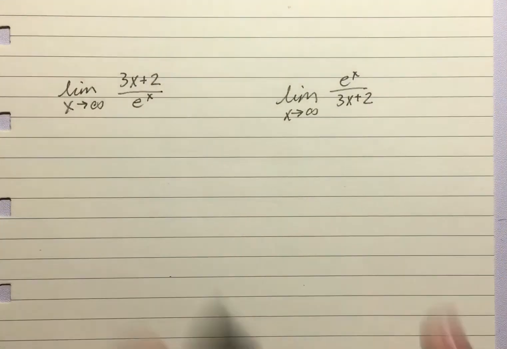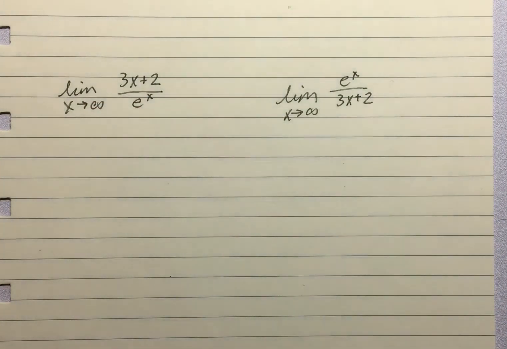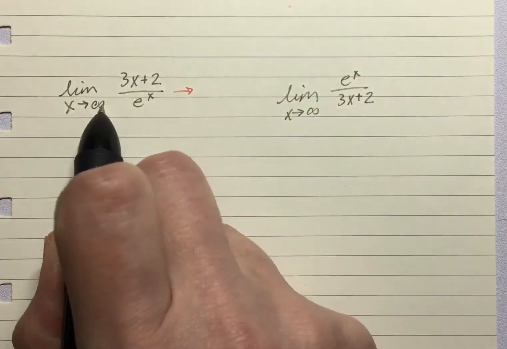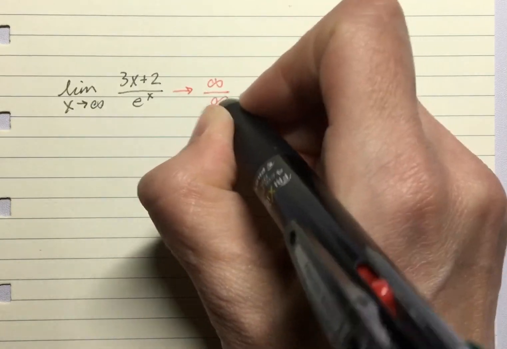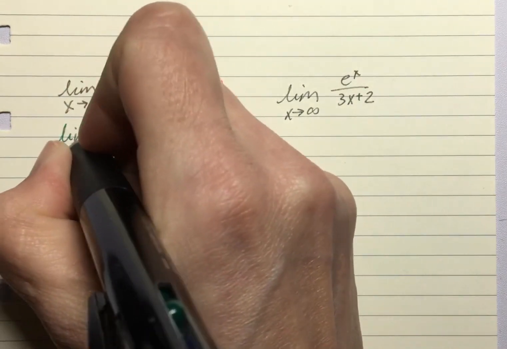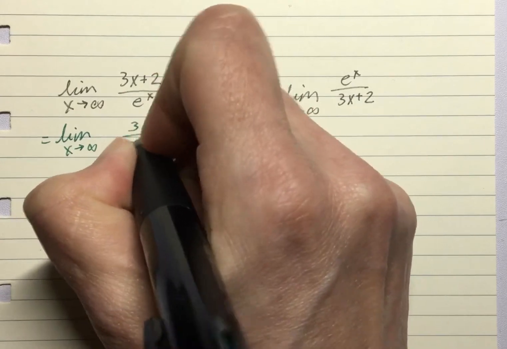Now, there's 2 examples. We're going to do them simultaneously because, as you can see, they're just reciprocals of each other. And you're probably like, well, so? Okay, so going to infinity again, linear goes to infinity. e to the x goes to infinity. So if we take the derivative of the top and the bottom, keeping our limit notation, I get 3 over e to the x.